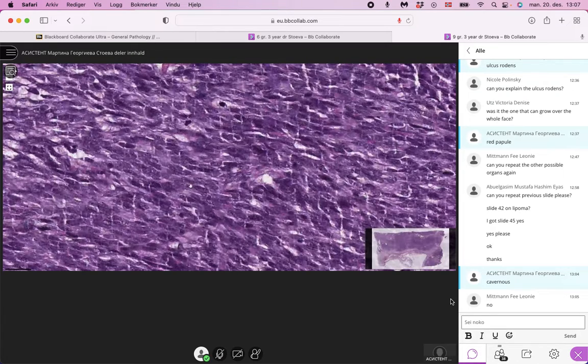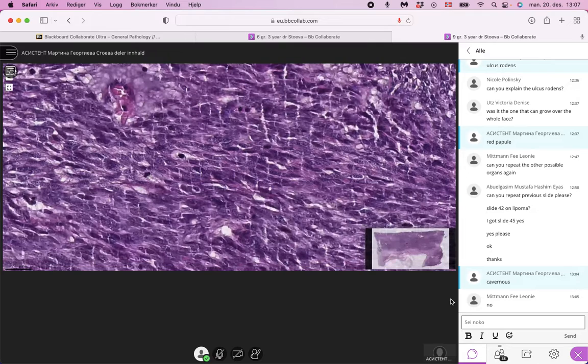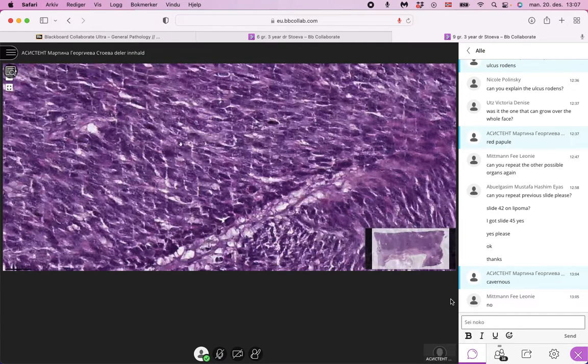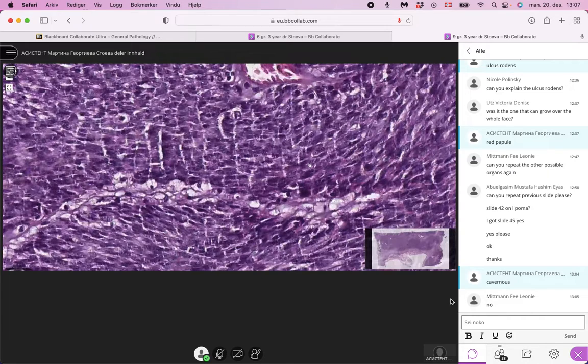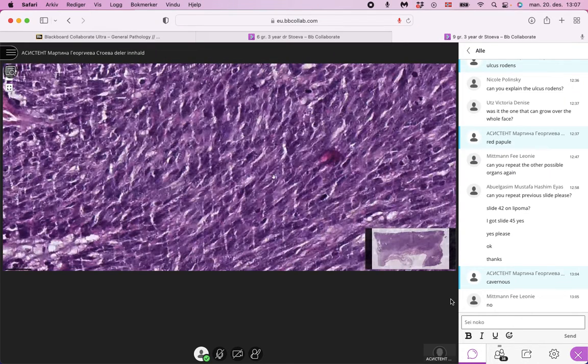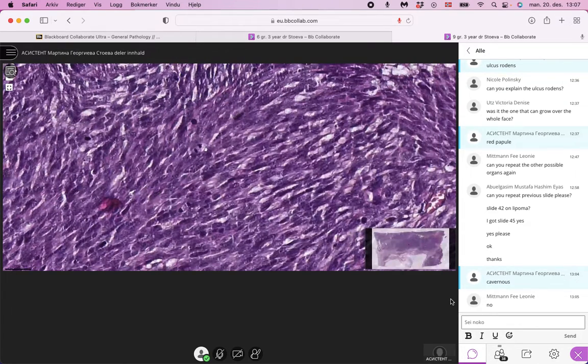Another one. Actually, here the cells are almost separated. Another mitotic figure. So there are many mitotic figures dispersed throughout the slide. You know that mitotic figures are characteristic for malignant tumors, or at least many of them. This is another mitotic figure.